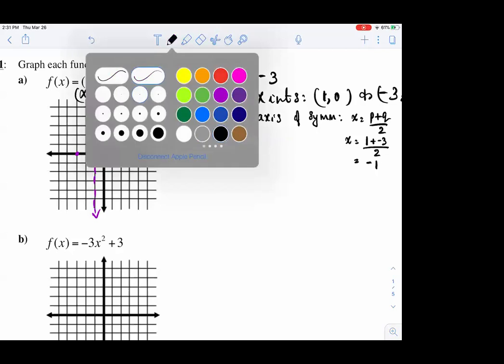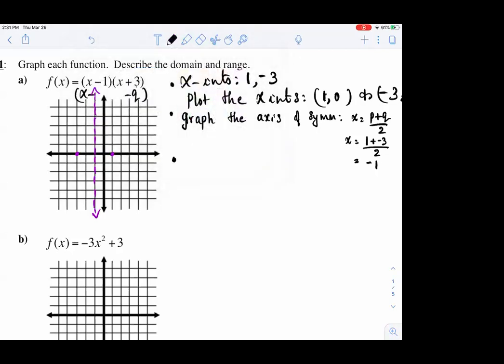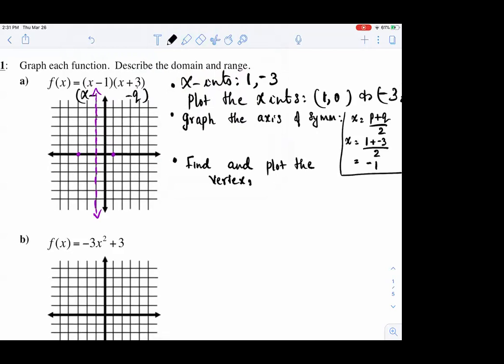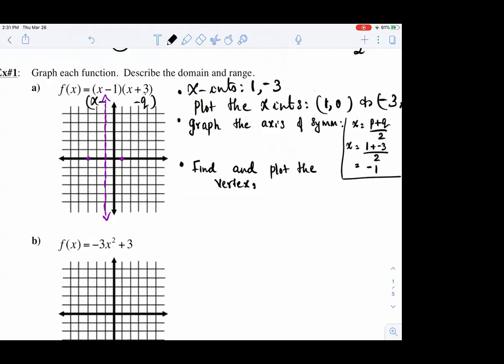In bullet point 3, find and plot the vertex. You're going to find the vertex and plot the vertex. Okay. We know that the vertex has an x-coordinate and a y-coordinate.